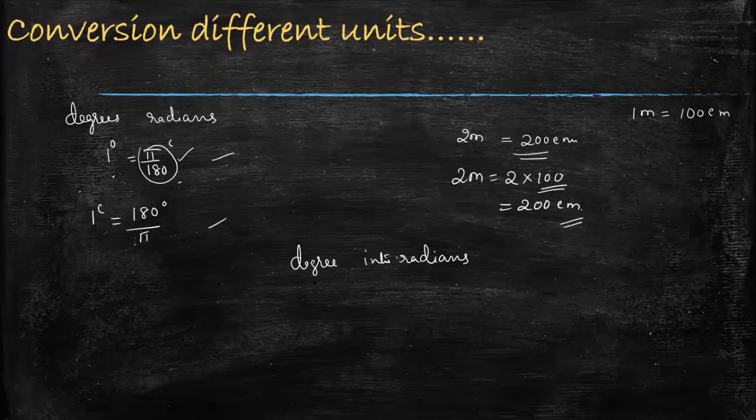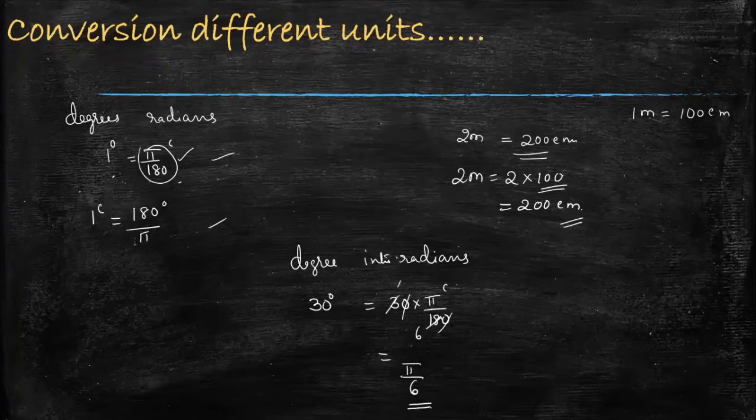For example, say you're asked to convert 30 degree into radians. I'll have to multiply this 30 with pi by 180, because I know that 1 degree is pi by 180 radians, and I should simplify this. When I simplify, 3 goes once, 3 goes 6 times, it is pi by 6.